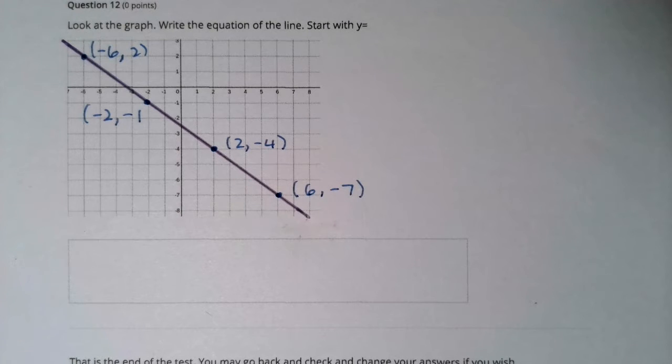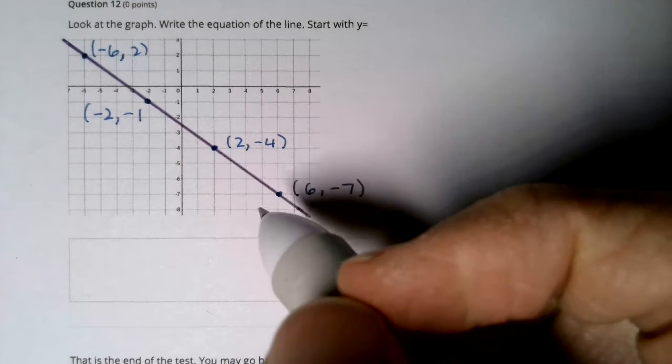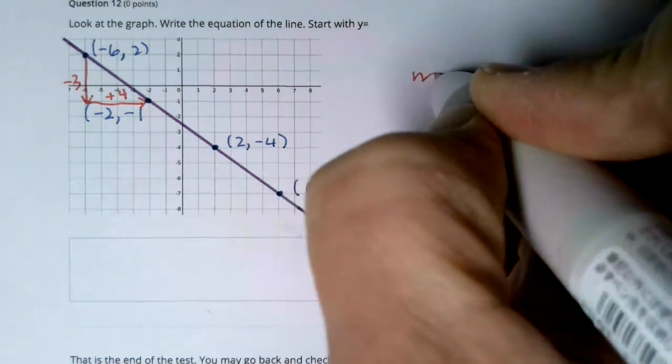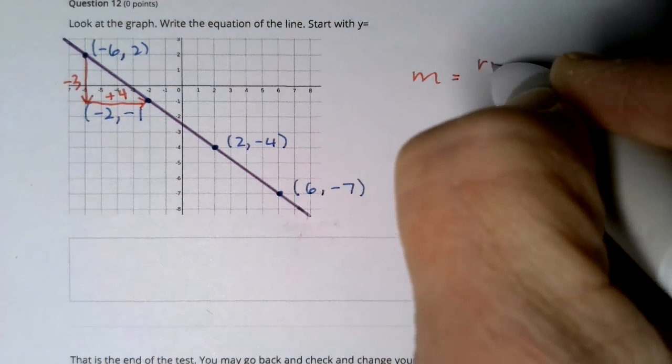And in addition to needing points, we need to know the slope. The slope will be the same between any 2 consecutive points, or it will reduce to the same value. So for example, if I go down here, I'm going down 3, so that would be -3, and then I'm going to the right 4. So slope is rise over run.